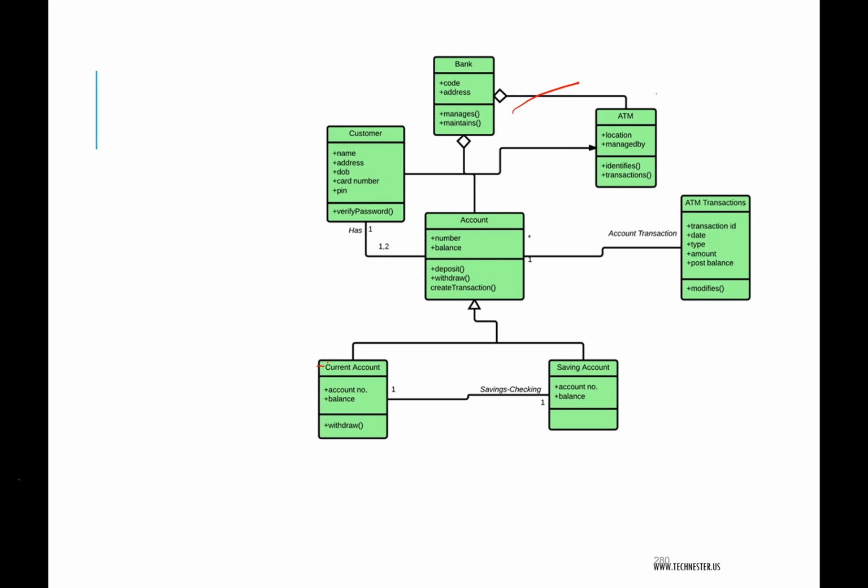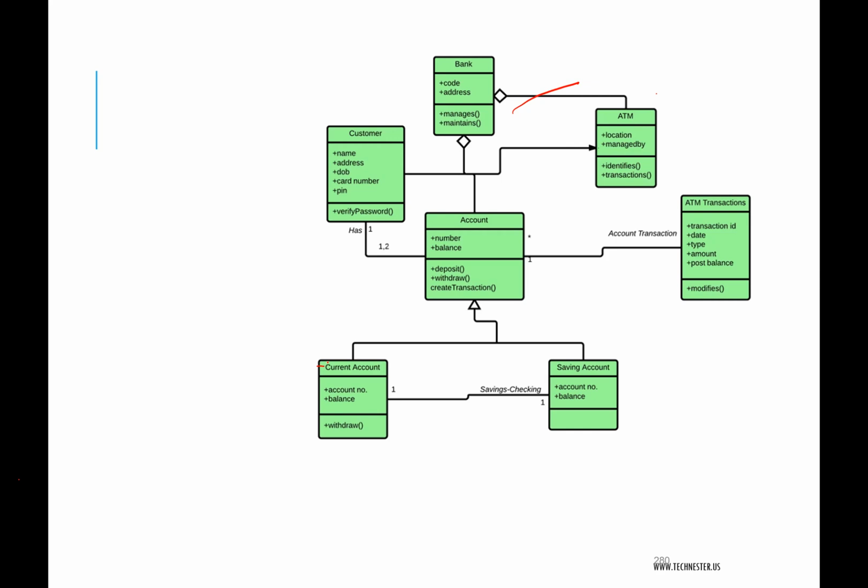Andrew, what do you think? Proof, I'm still thinking, so I'll come back to you. Tosin, what do you think? Two. Wale, what do you think? Two, savings and current.